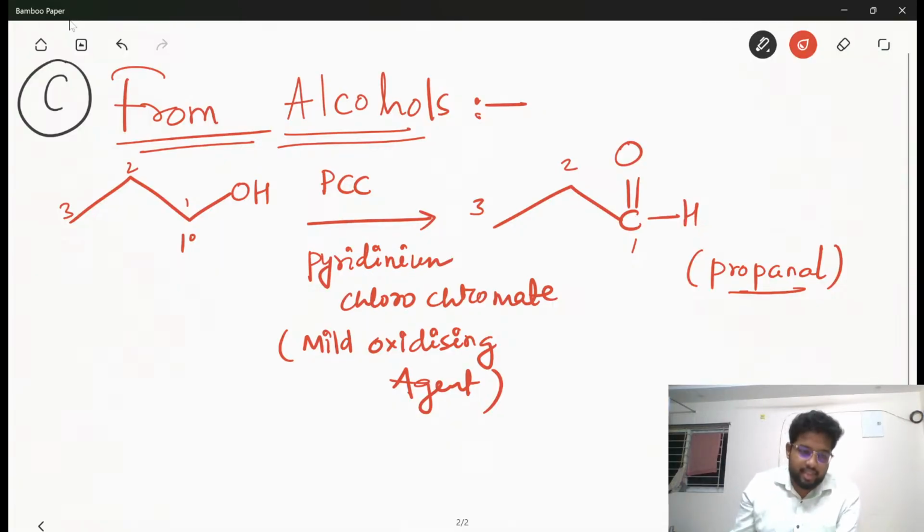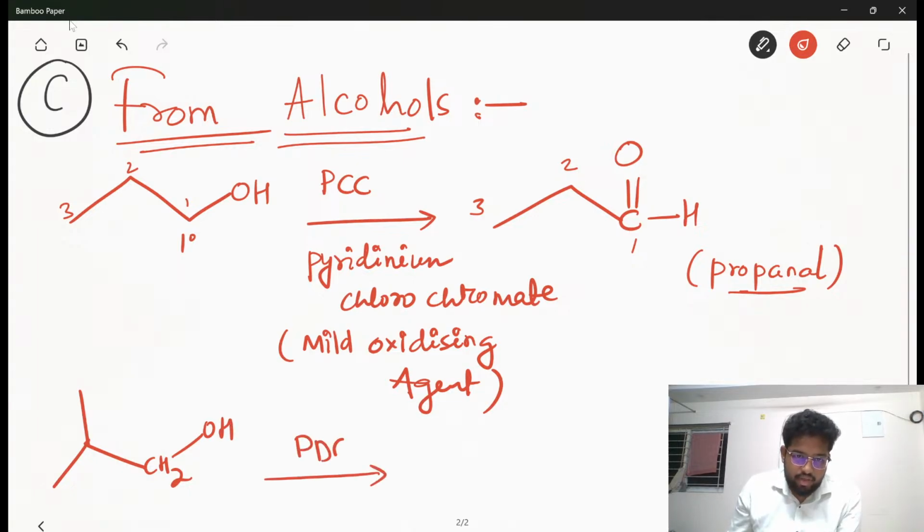Now, let's check what will happen if I treat PDC with a 2 degree alcohol. What would be the product formed? You have studied this in the alcohol chapter. What is PDC? Pyridinium dichromate.